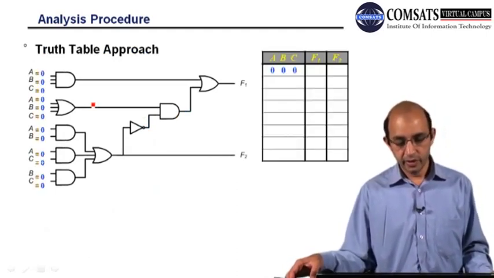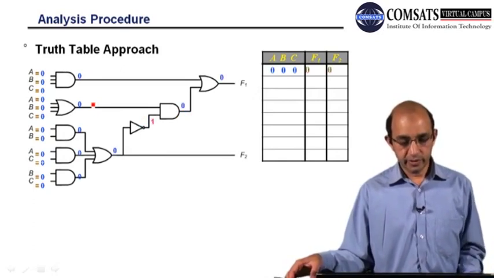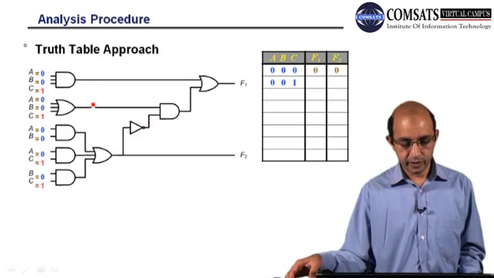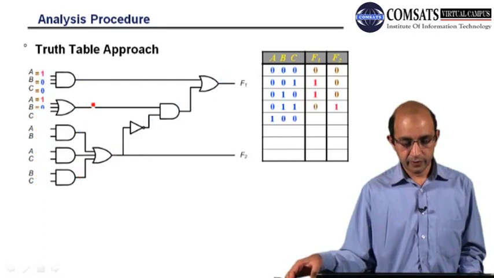So you can have 8 different combinations. We have 0, 0, 0, we have F1 0, F2 0, and so we can have this output, and then we will be having all the inputs and we can compute the output.